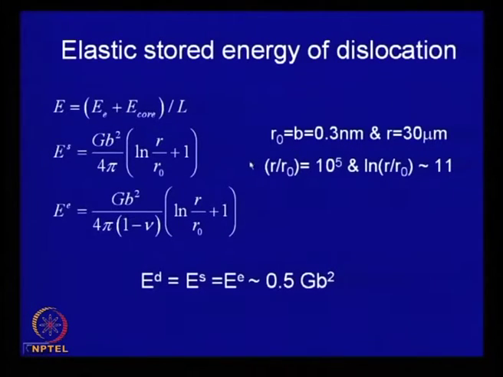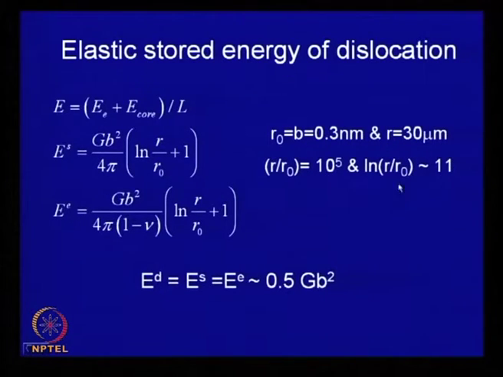The average grain size of metals we assume to be around 40 to 60 micron. So, we take half of that as the radius, that is 30 micron, assuming that the dislocation is present at the center of the grain. So, R is 30 micron, and therefore this ratio R over R naught will come to the order of 10 to the power 5.